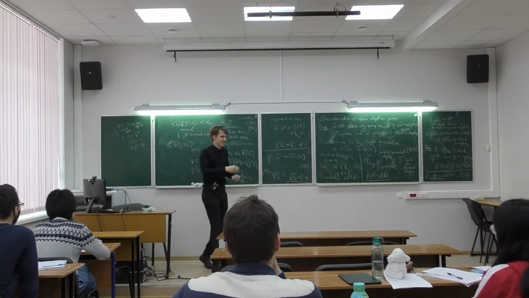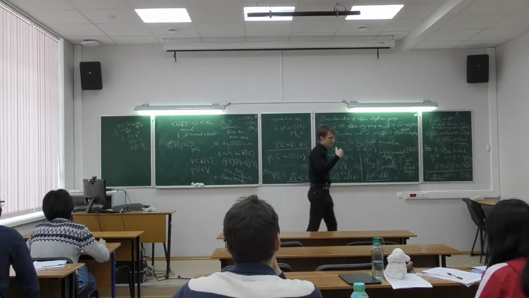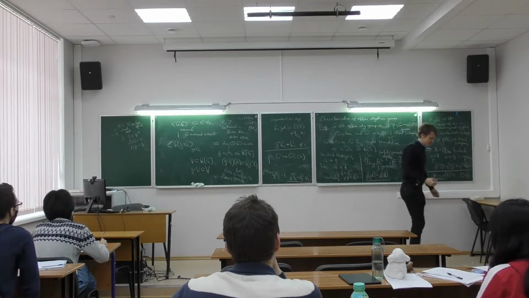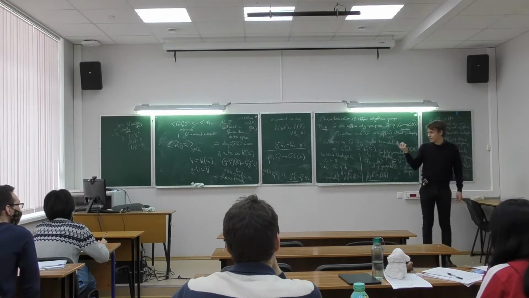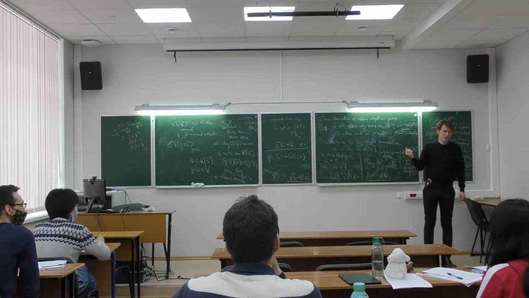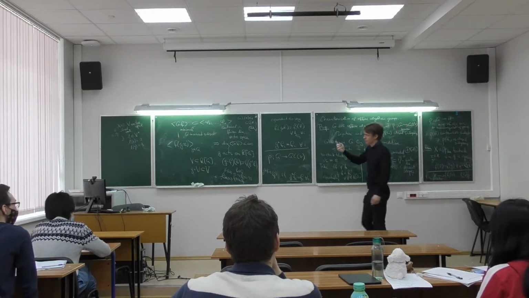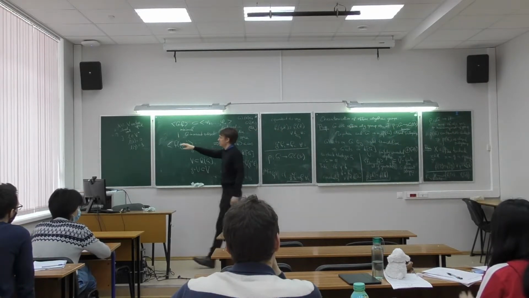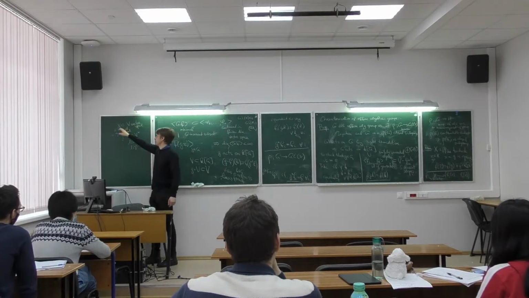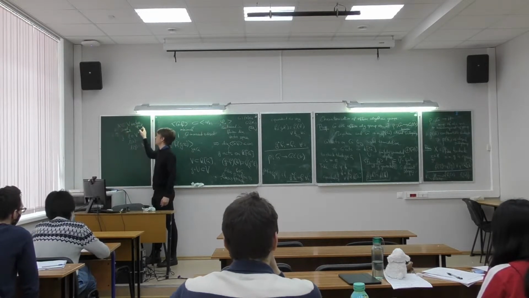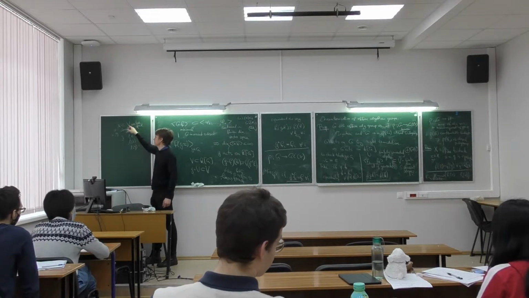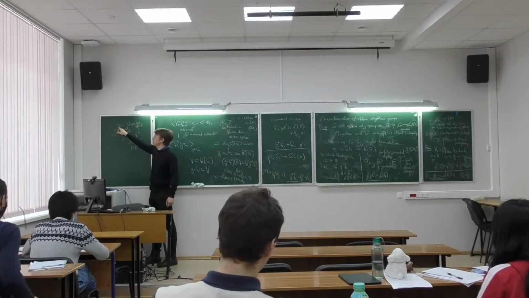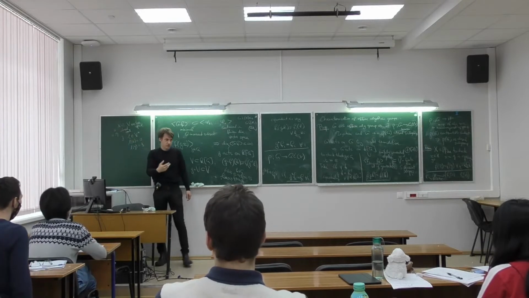When you embed it as a closed subset, you can distinguish two different points by a linear function. Since this is a closed embedding, all functions on X are obtained as restrictions of functions on V, so that linear function gives you a regular function on X.